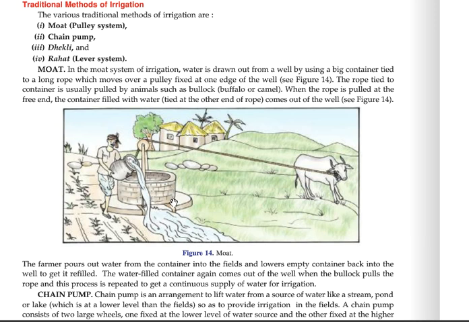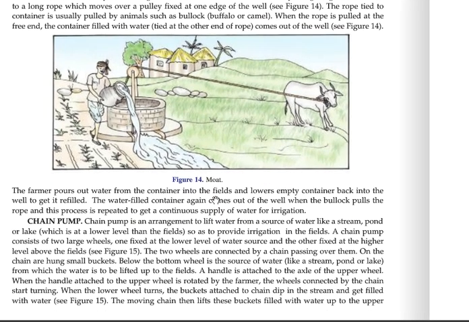But in the classical way of irrigation, this method called mote or pulley system was used to irrigate in our agricultural practices. So here we discuss this. The next method is the chain pump method.